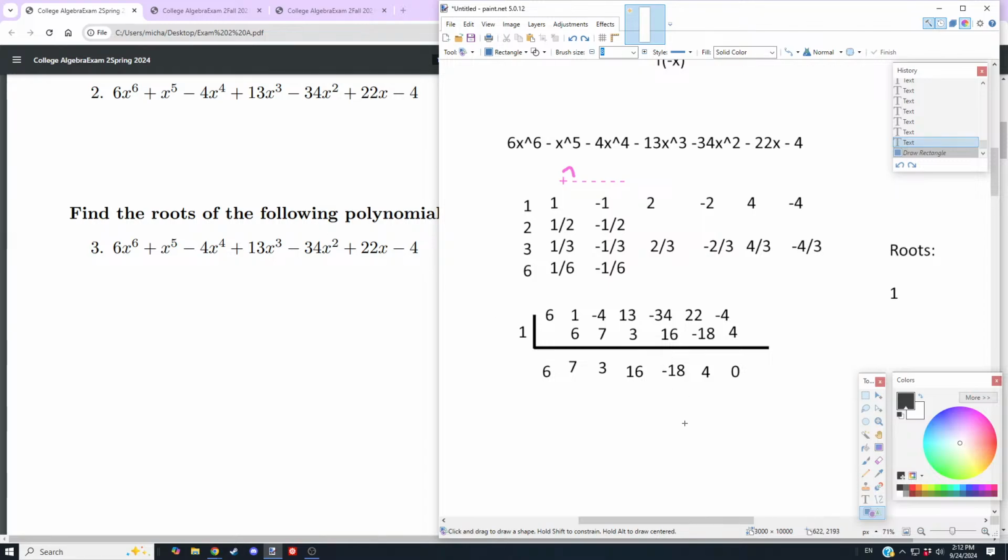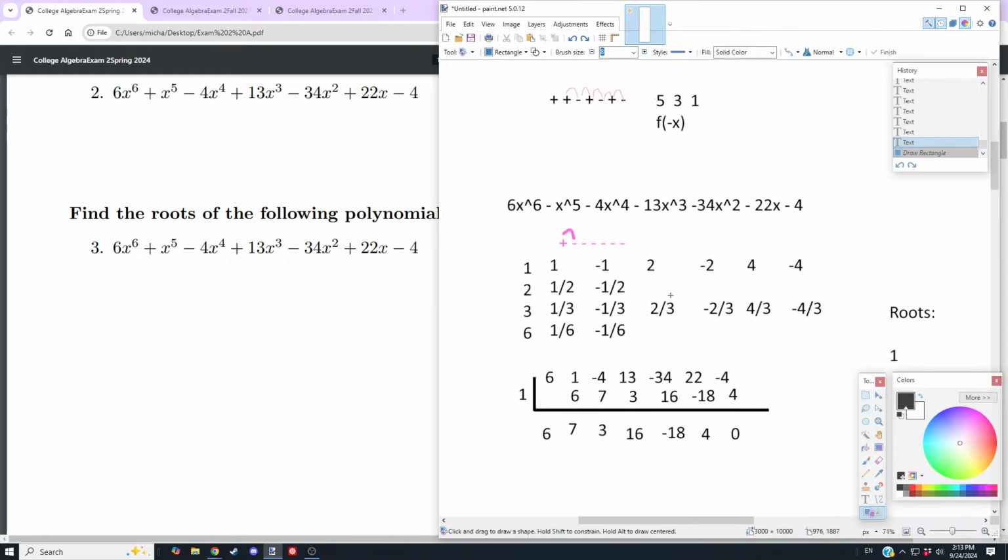So we factor this polynomial using the same method that we used on the other one, which is the rational roots theorem and the law of signs and synthetic division.